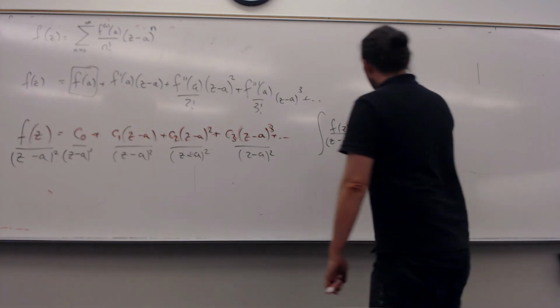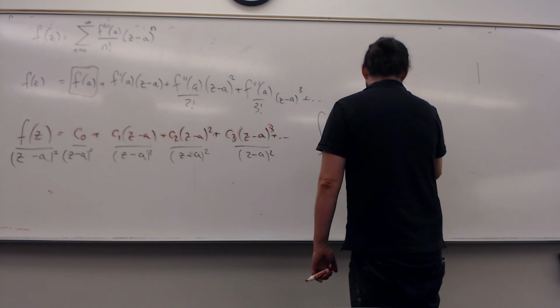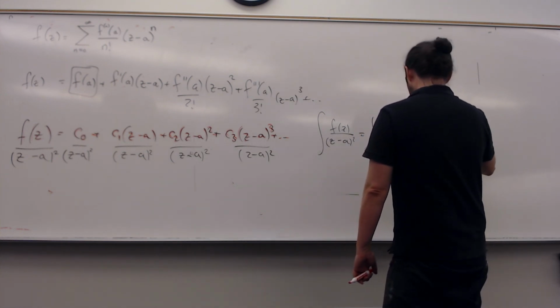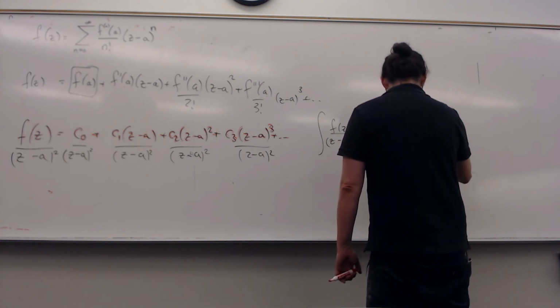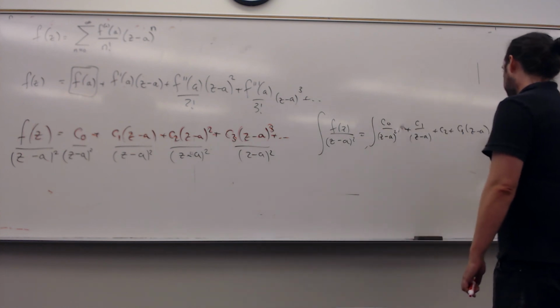I'd have c naught over (z minus a) squared plus c1 over (z minus a) plus c2 plus c3 times (z minus a), and so on.